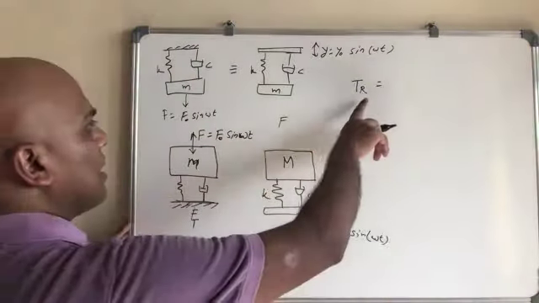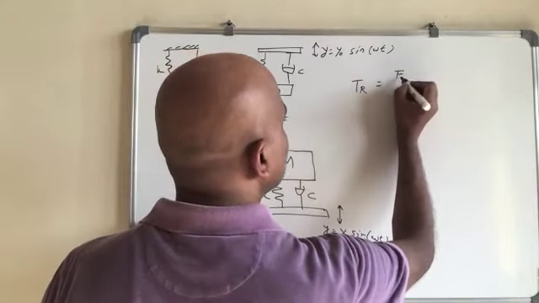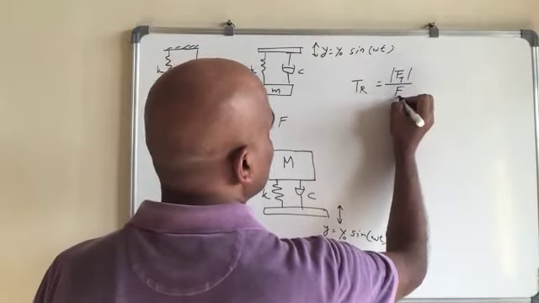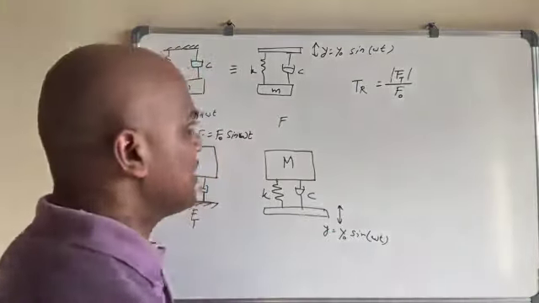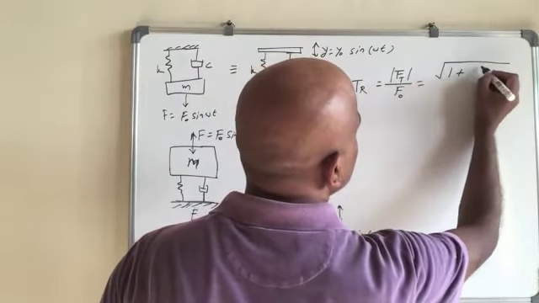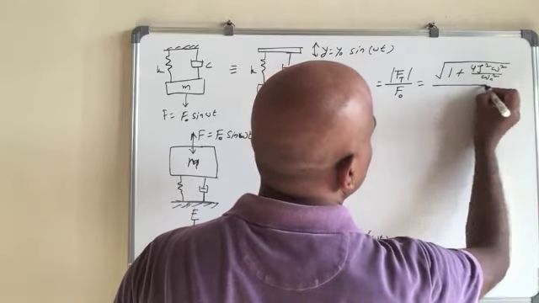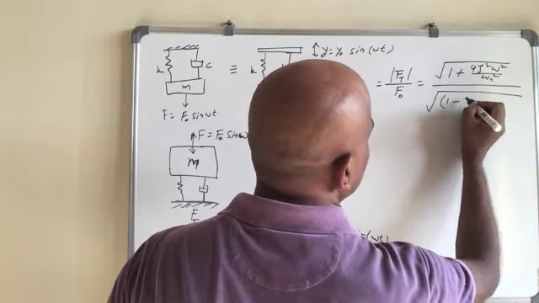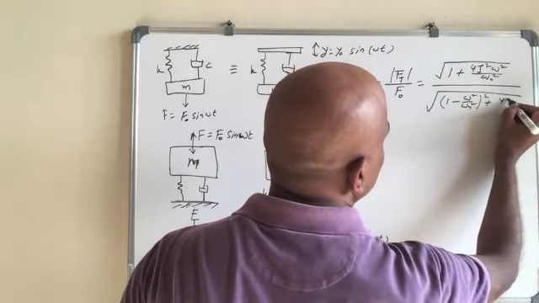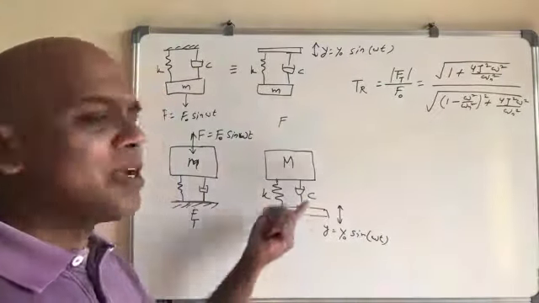TR we wrote as Ft, that is force transmitted to the ground, divided by F naught, which was the magnitude of the force, and that was actually equal to root under 1 plus 4 zeta square omega square over omega n square, over 1 minus omega over omega n square, then square, plus the same 4 zeta square omega square over omega n square. Okay, you will get a similar kind of transfer function here.